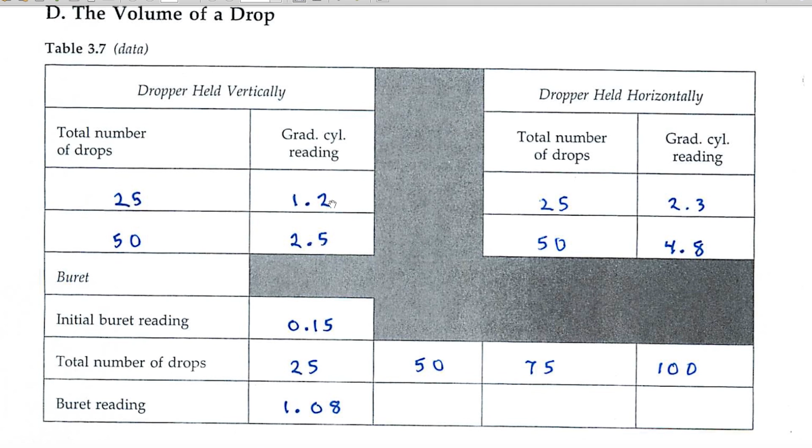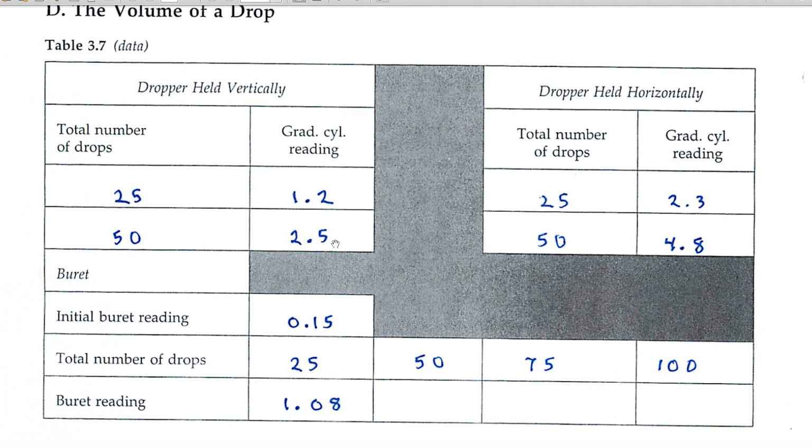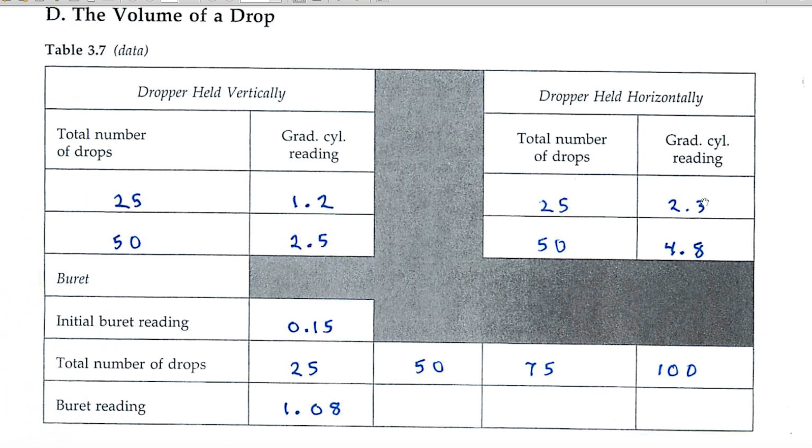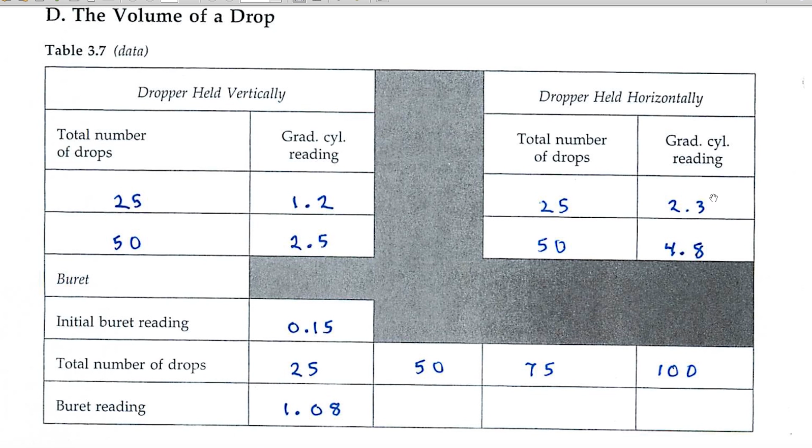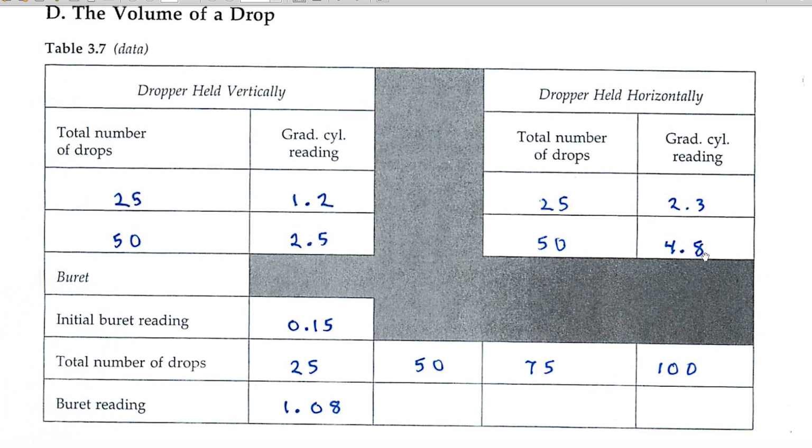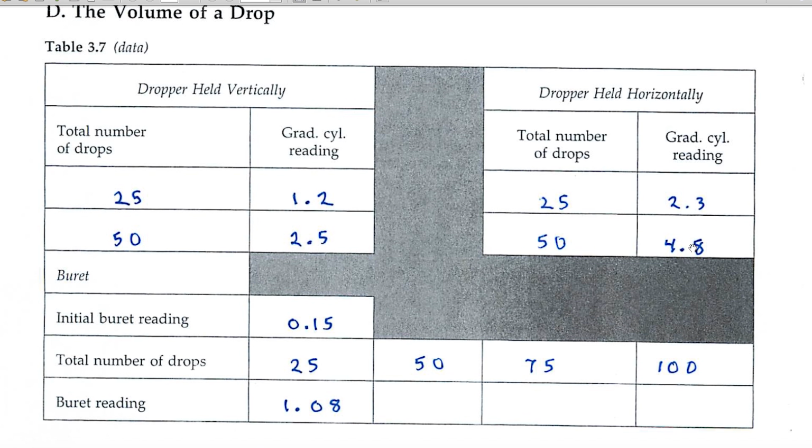The graduated cylinder is read to the 10th. So I've recorded those numbers. Over here on the right-hand side, rather than dropping the drops vertically, we're dropping them horizontally. Numbers are a little bit different, but again, we'd record them to the 10th.